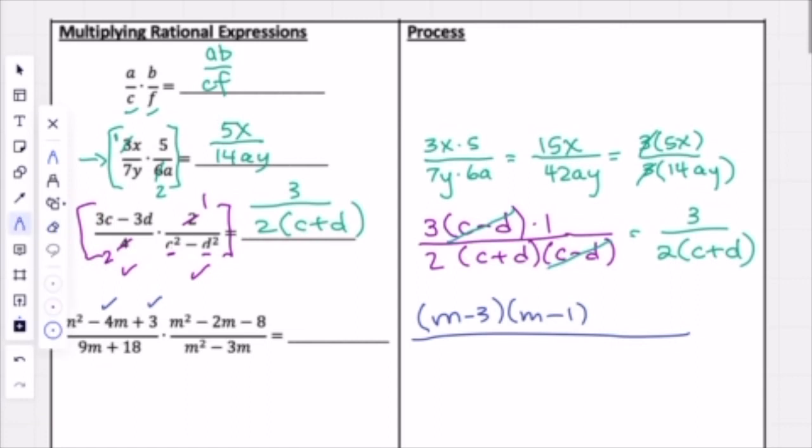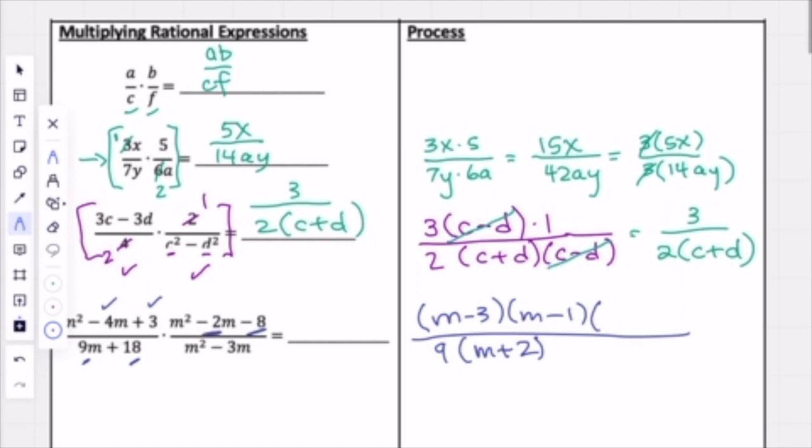In the denominator of this first rational expression, I see common factors of 9 in that 9m plus 18. So we'll factor out that GCF of 9, and we will be left with m plus 2 when that one is factored out. Let's go to that second rational expression, and we have a quadratic there in the numerator. We're looking for two things that multiply to make negative 8 and add to make negative 2.